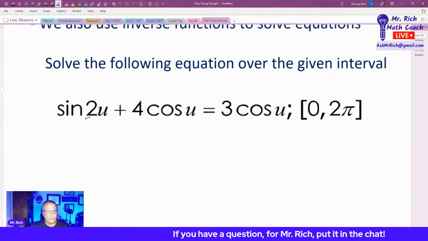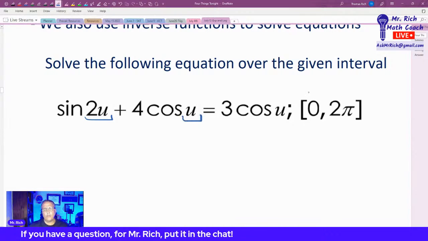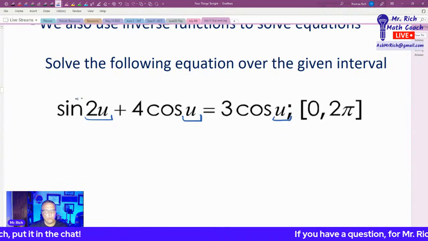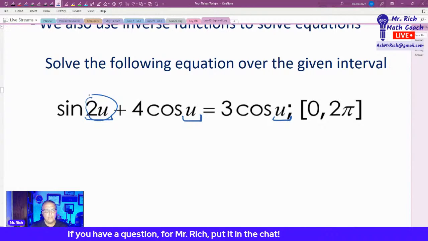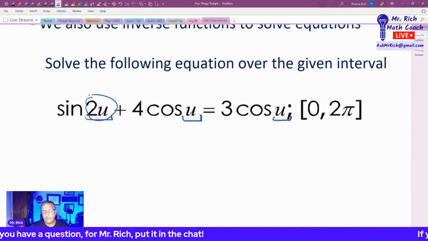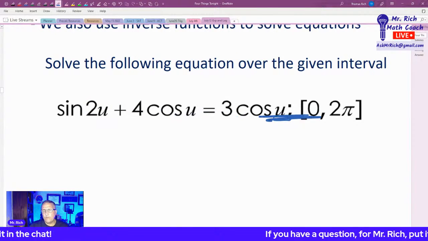Well, the first thing that we notice here is that we do have separate arguments here. I have a 2u and a u and a u. And so I want to definitely use a trig identity that would allow me to convert that 2u argument into a u. So I'm going to use a double angle identity. This is one that you should have committed to memory.